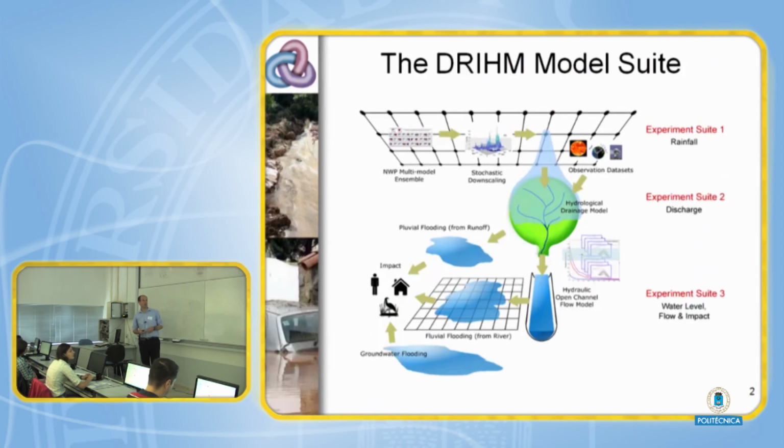Now, most people who have been exposed to anything on DRIHM have seen this slide many times. This is the DRIHM model suite and how it all hangs together. And I have been thinking about an analogy to try and explore what DRIHM actually means to the modeling world.